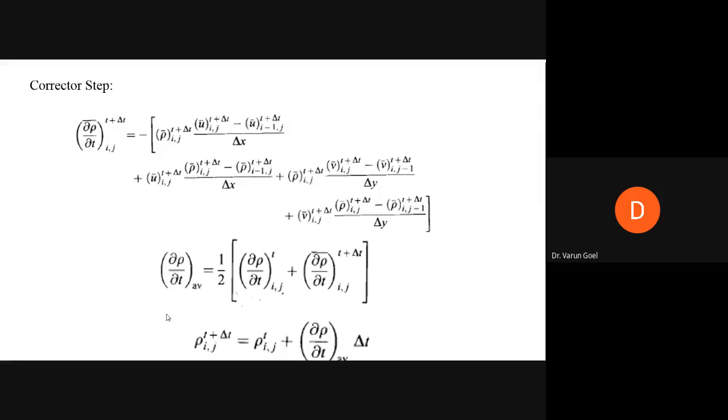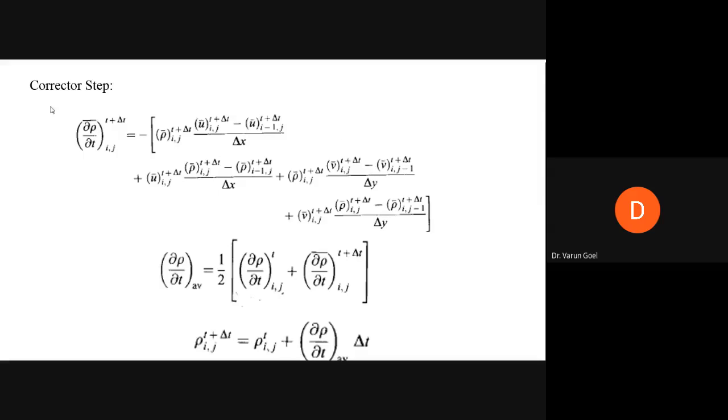So for this, now what we do, we calculate the del rho by del t average. So now we are considering a time step ahead and a time step back, you can say t and t plus delta t. Now this will help us in calculating the average value, del rho by del t average, which is the average, half of del rho by del t at i,j,t, which is the previous time step, and this one we have calculated here, del rho by del t at i,j,t plus delta t.